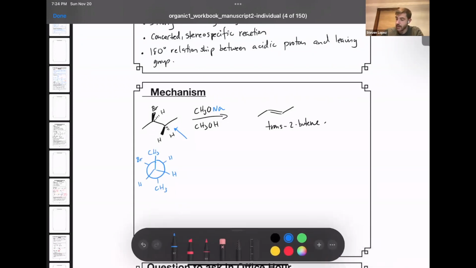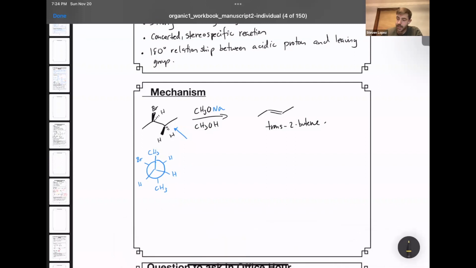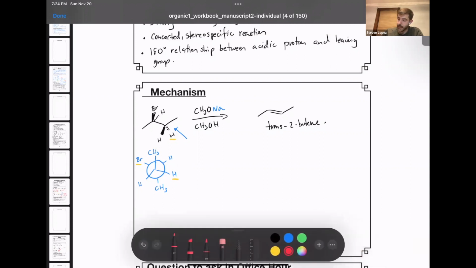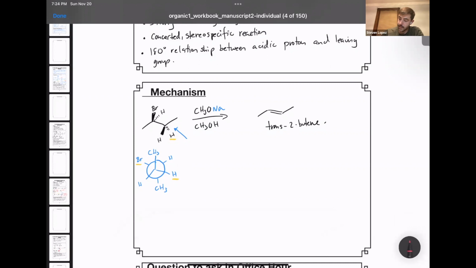As I mentioned earlier, this reaction requires a 180-degree relationship between the acidic proton, which I'm underlining here, and the leaving group, which is bromine. So specifically, this hydrogen that I'm underlining here is the only hydrogen that can be deprotonated for this reaction to work. So when this molecule is deprotonated by methoxide, it takes specifically this hydrogen.